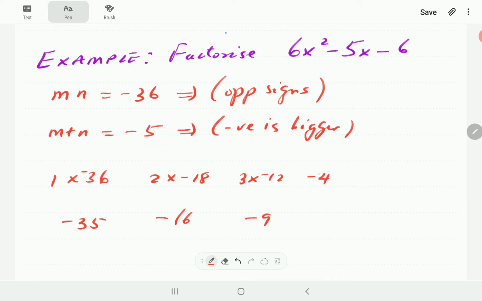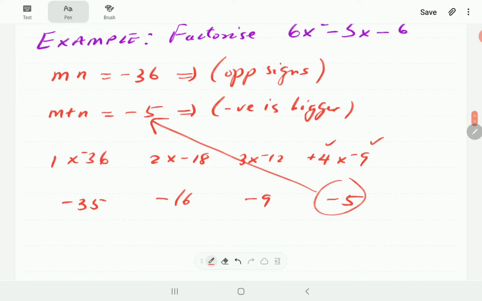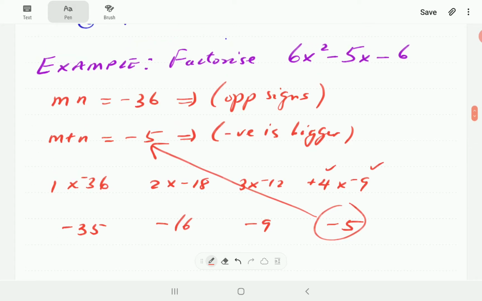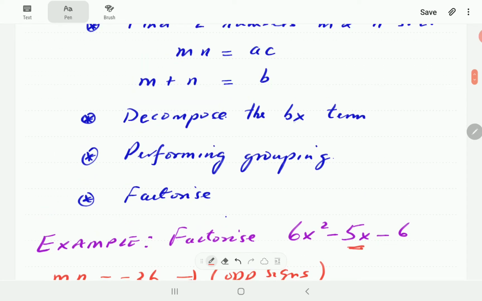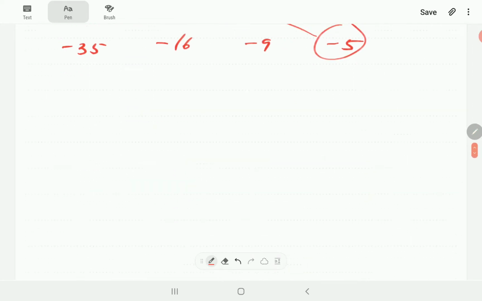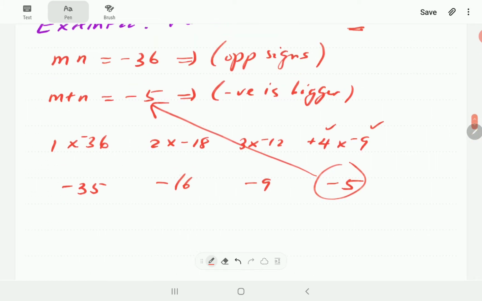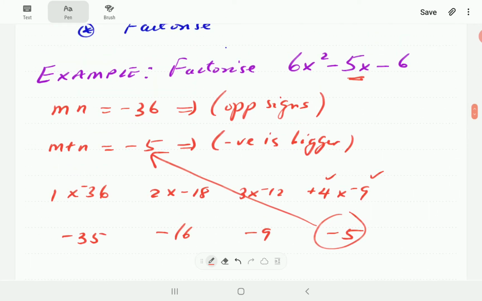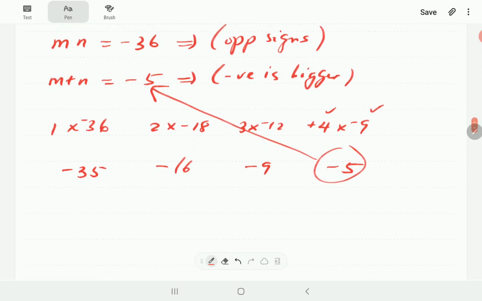We keep on going here until the lower number agrees with this one here. Then 4 goes with negative 9. When we add those two, we get negative 5, which is now the same as that. So that means these are the two numbers we're looking for: 4 and negative 9. Then what I want to do in step 2 is decompose this term using these two numbers. So we're going to write negative 5 as 4 minus 9.